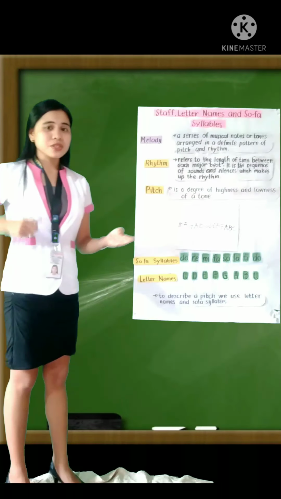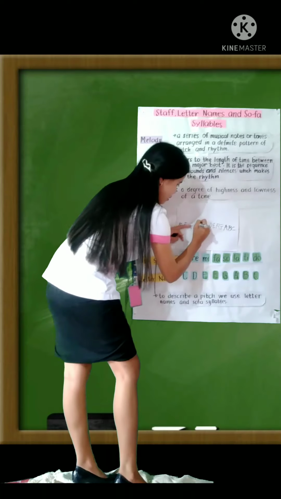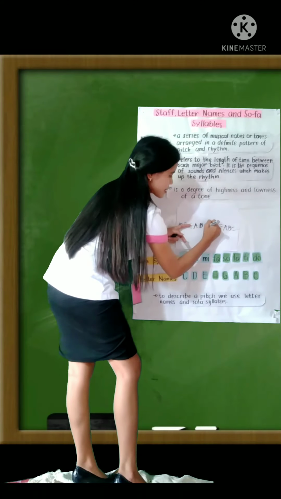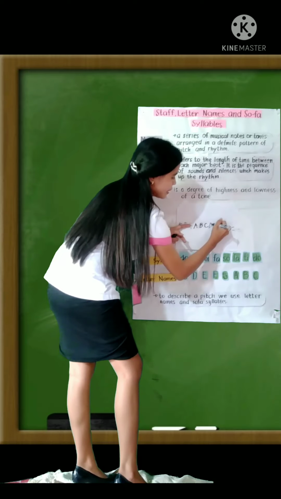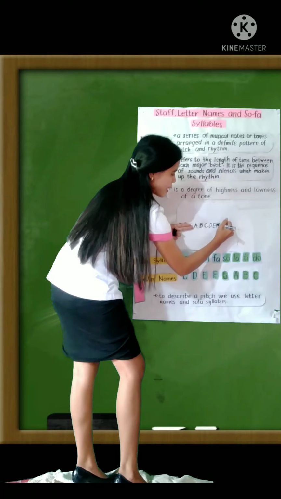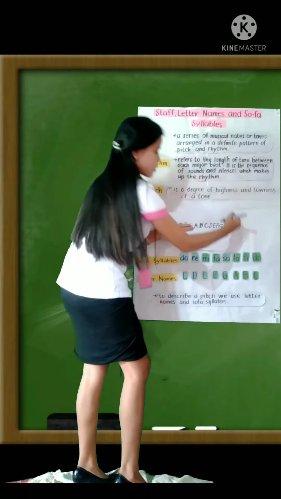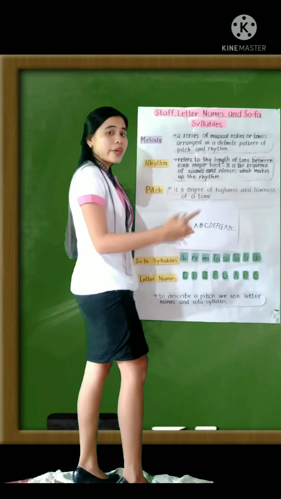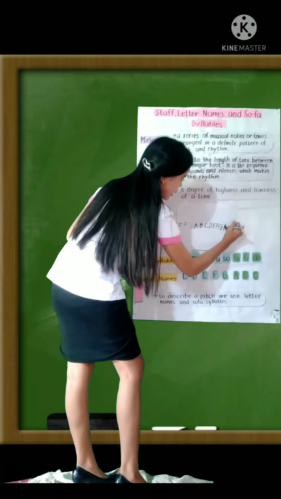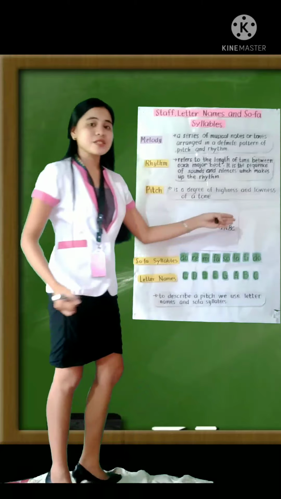musical alphabet. So in musical alphabet, we have letter A, letter B, letter C, letter D, letter E, letter F, and letter G. So after the letter G, we go back to letter A. So letter A, B, C, and so on.